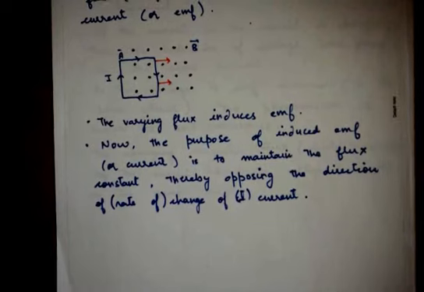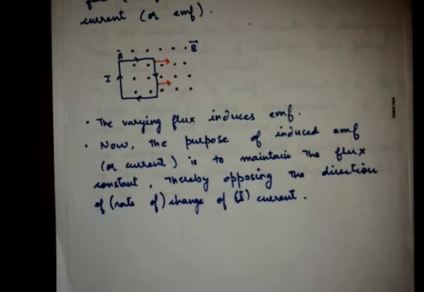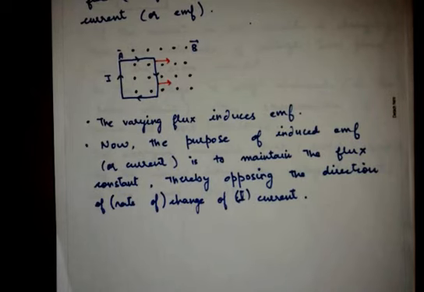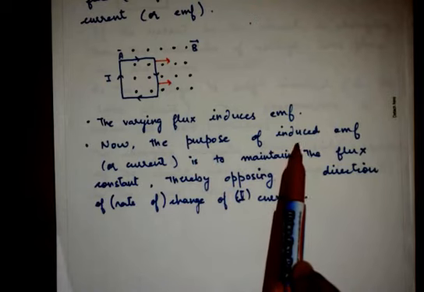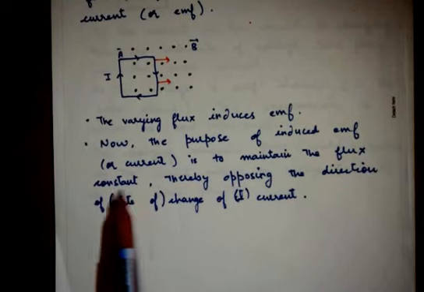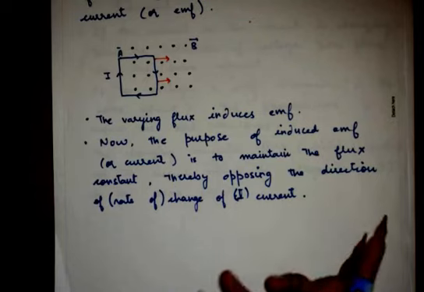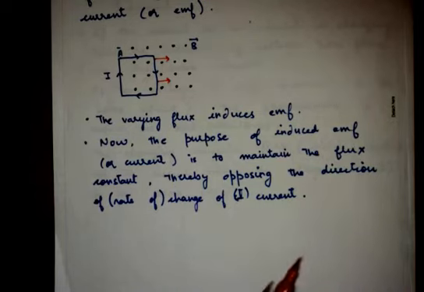That means, you can see from this figure, the same example, the direction of the induced current which will flow in this coil will basically oppose the change in current so as to keep the flux constant, because the purpose of the induced current is to maintain the flux constant. Therefore, it has to oppose the direction of the rate of change of current, thereby reducing the flux which has increased.